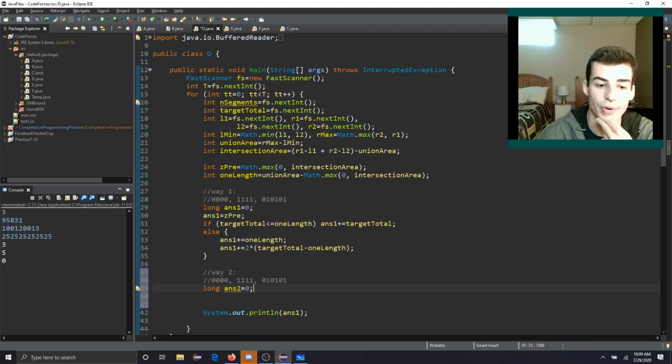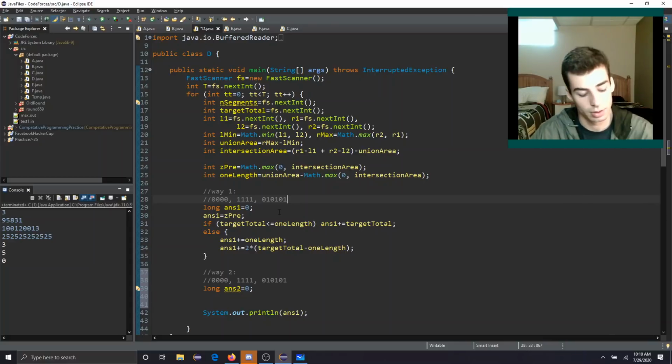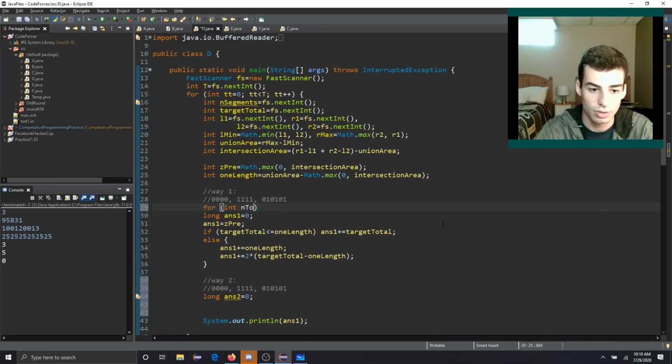So we need to brute force the number of things to take. That's why n is bounded by a small number. Makes sense now. So for int n to take equals 1, and to take is less than or equal to target, or is less than or equal to n segments, and to take plus plus.